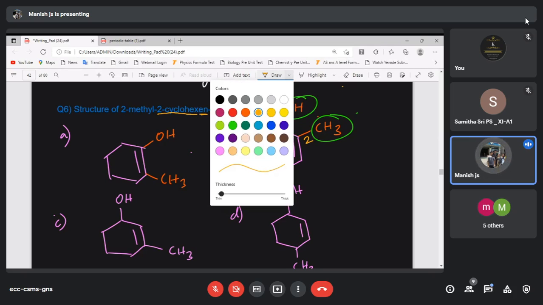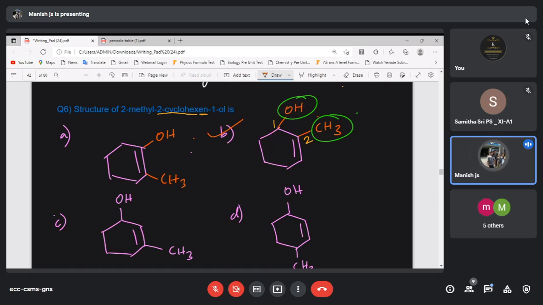So option B is correct as per the name they have given. Do you understand? It's not cyclohexane, it becomes cyclohexene because there is a double bond inside. Since the double bond is at the second position, it is 2-methyl, 2-cyclohexene, 1-ol. So option B is correct.